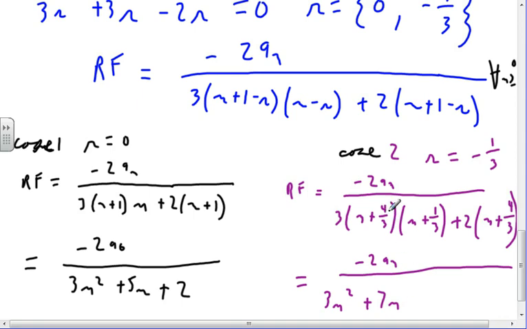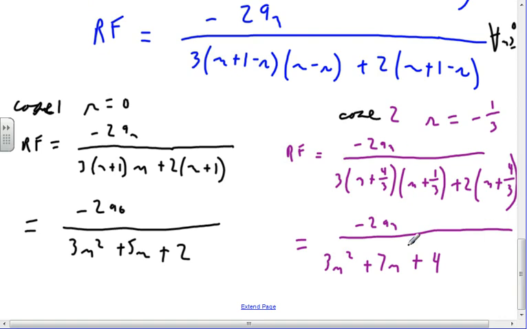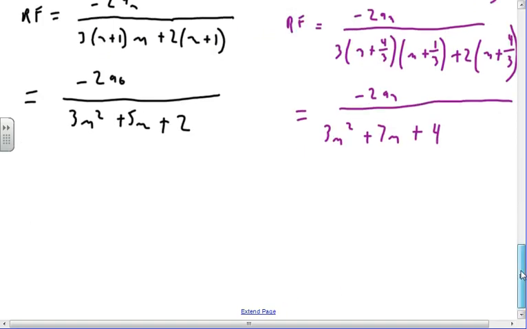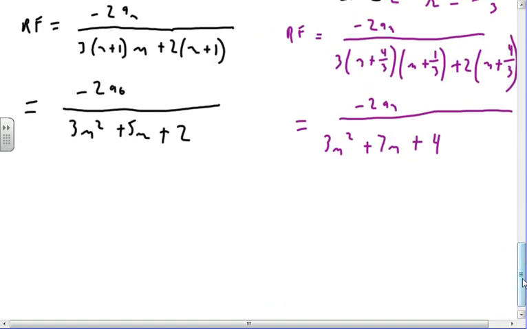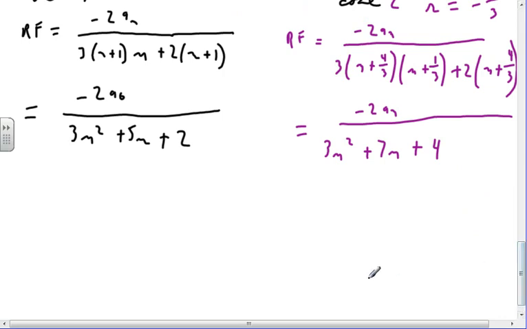I got 4/3 plus 8/3, which are going to be 12/3, which is going to be 4. And at this point, I would rather not have done all that in my head. I would have rather used more paper. Okay, now, my recurrence formula is for an plus 1.